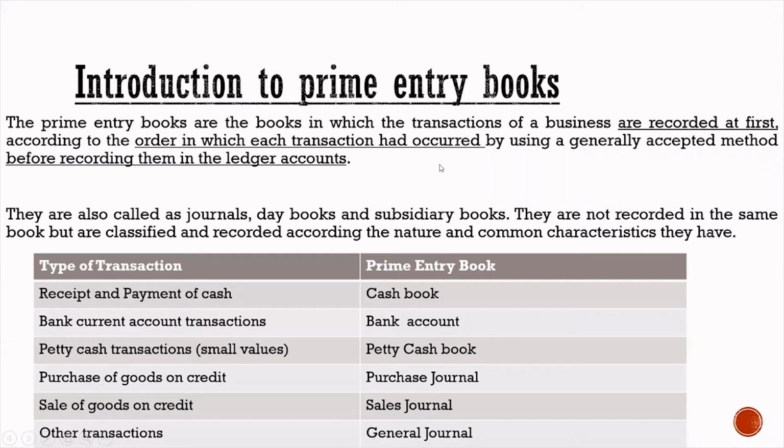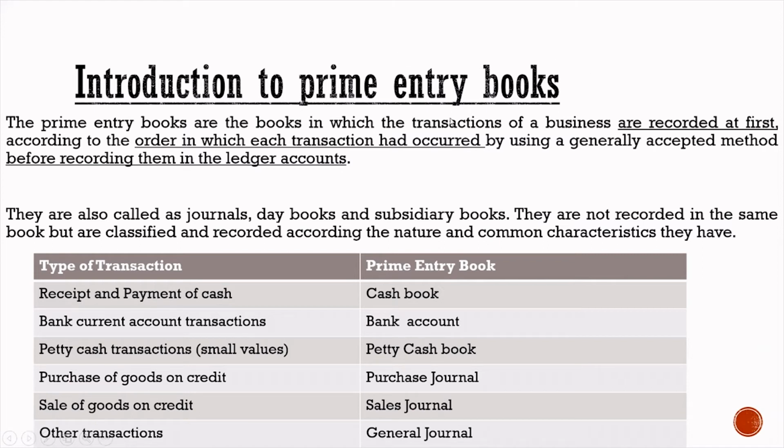So prime entry books follow a generally accepted method to post the transactions initially, based on the order they occurred, right? That is what we call prime entry books.